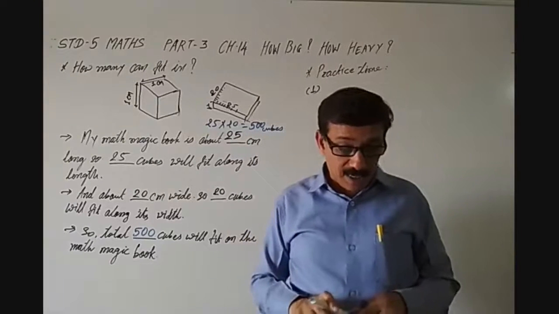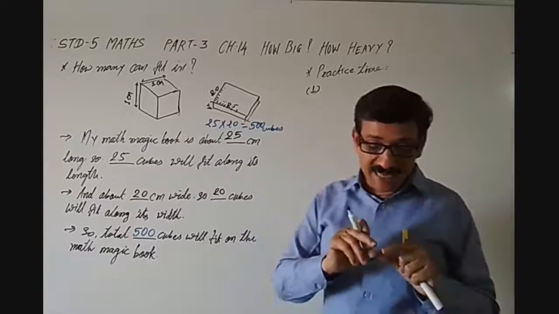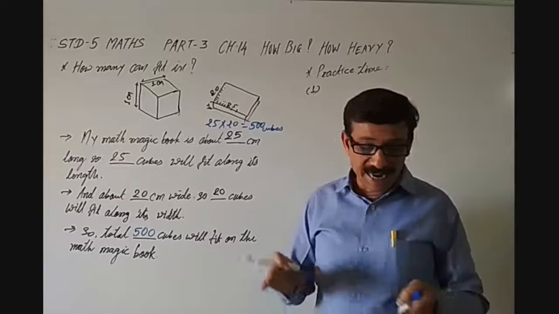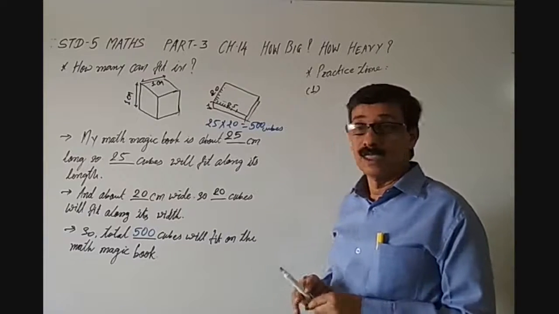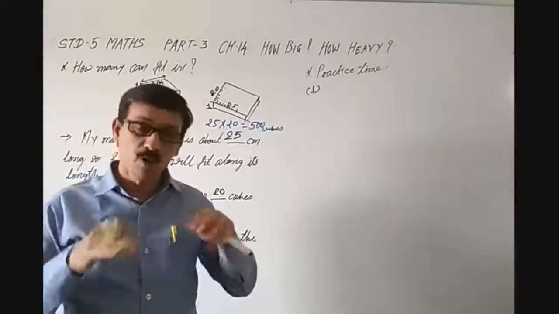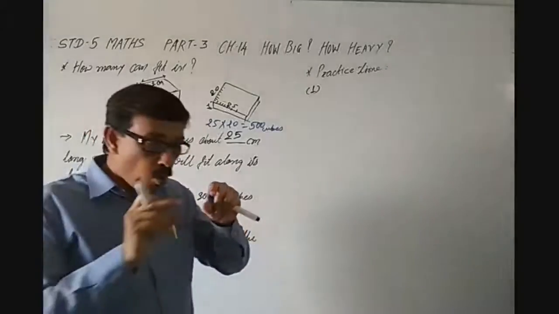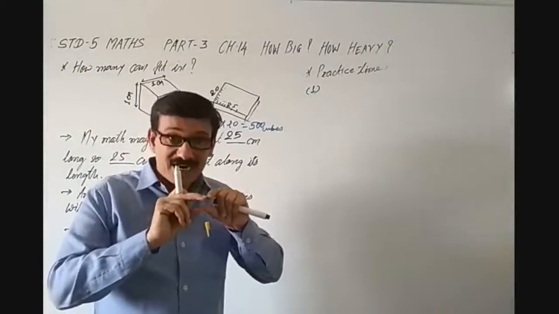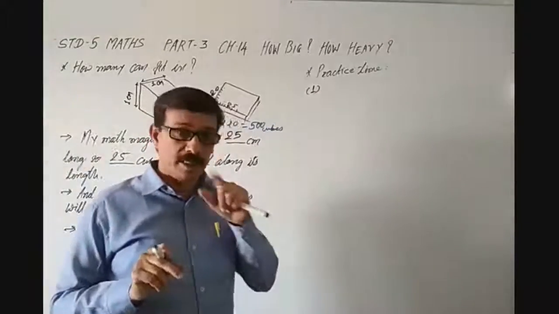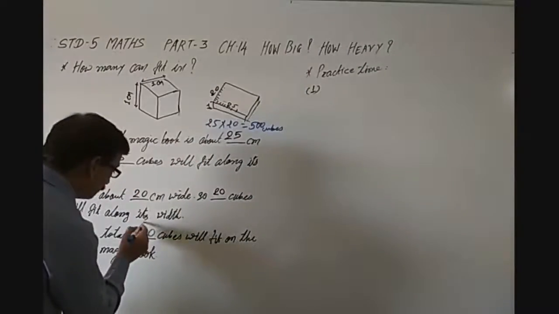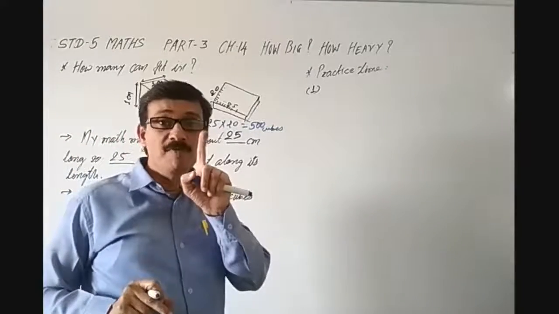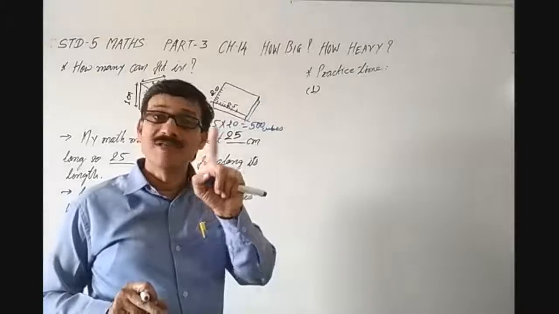Now, if all these cubes are arranged in one line, then how long will that line be? We come to know that a total of 500 cubes are required. Now what will we do? Let's arrange all these 500 cubes in a single line, lengthwise. The length of one cube is equal to 1 centimeter.